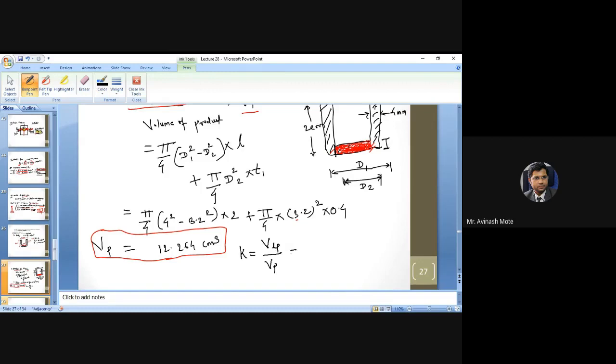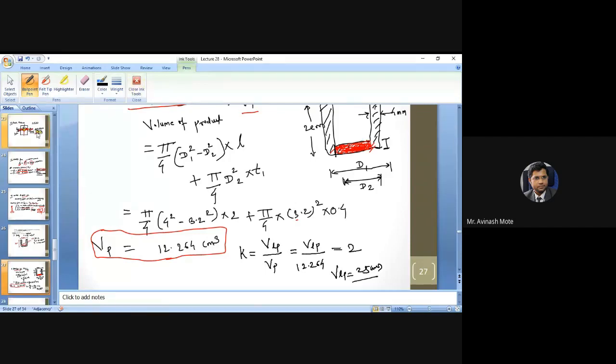Volume of product is 12.264 centimeter cube, and the value of K is given as 2. So volume of loose powder is 2 into 12.264, and it will come around 25 centimeter cube. But is it a correct one?